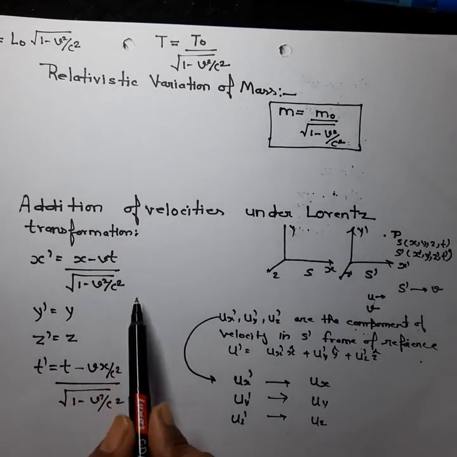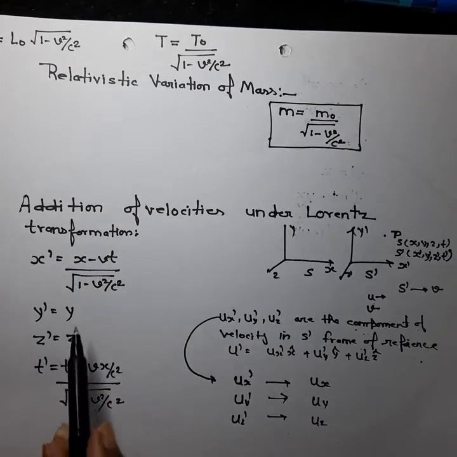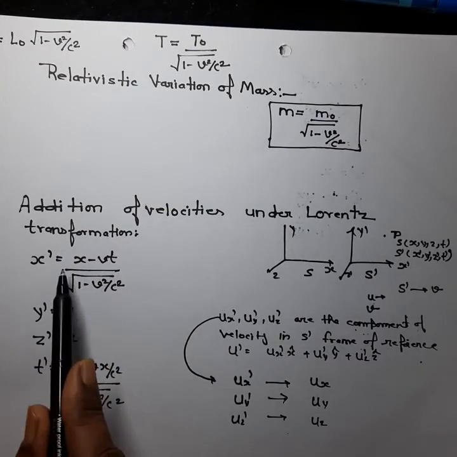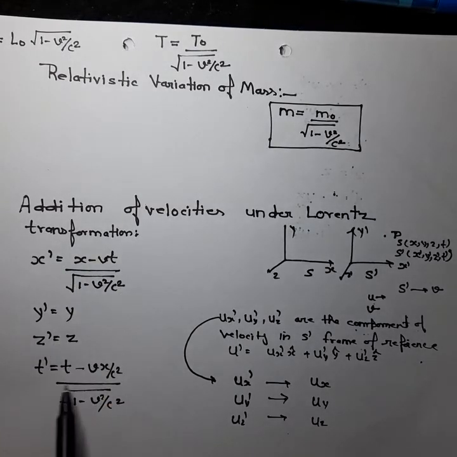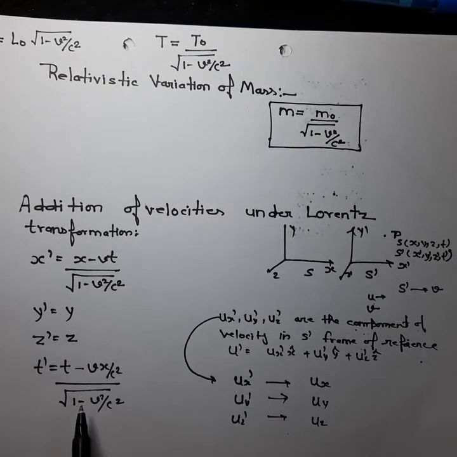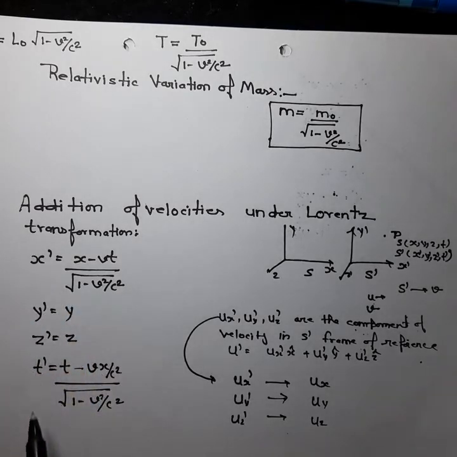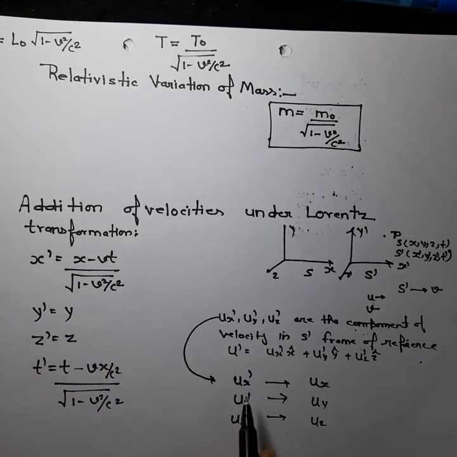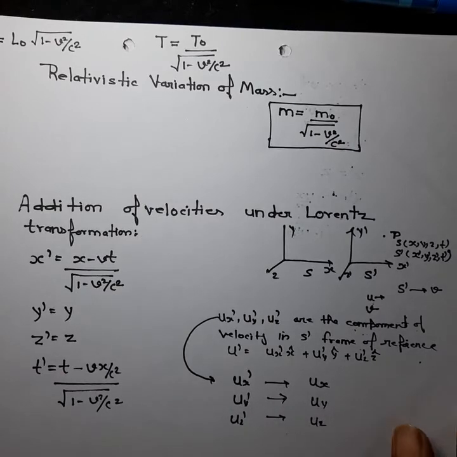Here these are the Lorentz transformation equations. So x dash is related to x by this equation, and t dash is related to t by this equation. We will use these equations to get the relation between these velocity components.